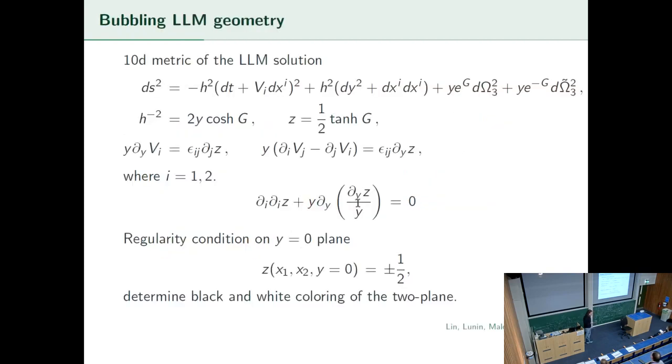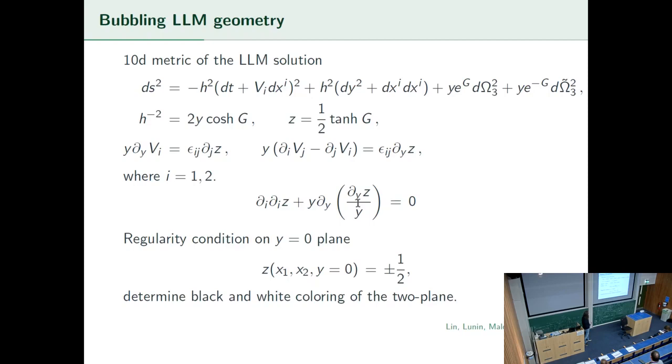So as the background, I'm going to consider the famous LLM geometry obtained by Lin, Lunin, and Maldacena. This geometry is a solution of the 2B supergravity, which contains only the metric and the 5-form flux.